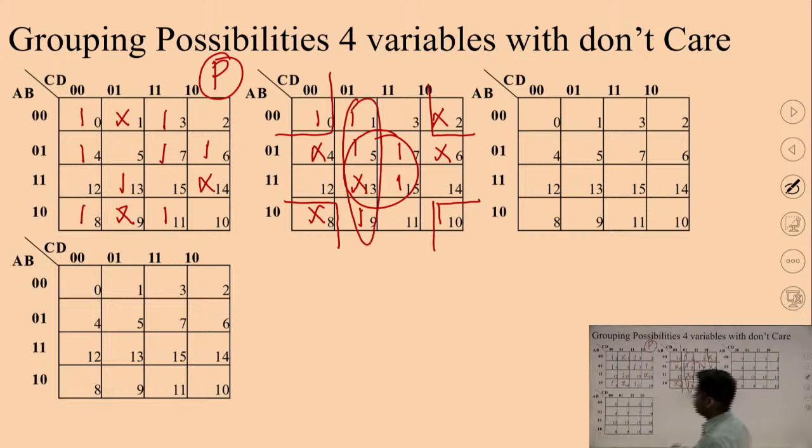So these are the 3 quads which can be made for this second one. We can see that don't care number 4 and don't care number 6 are not used, because if I use them I will have to make another group, pair, quad, whatever it is. So I would have to make another pair which will result in another term in the answer, which will lead to a complex answer.